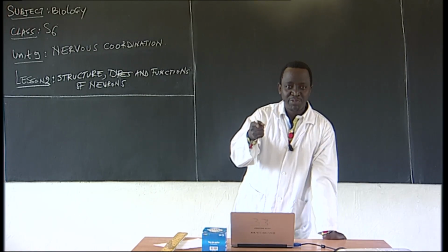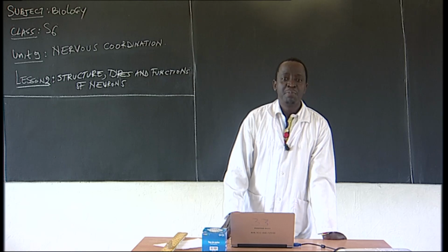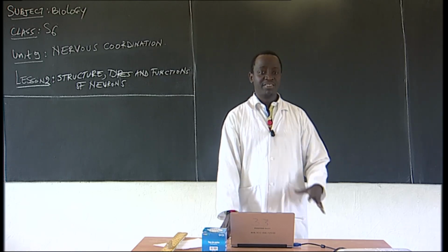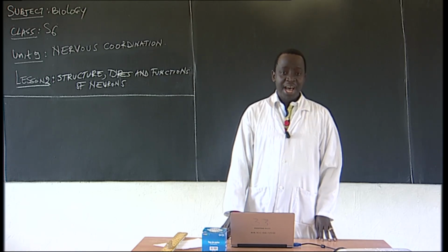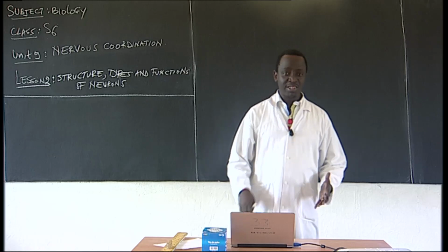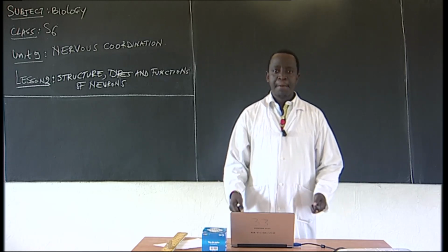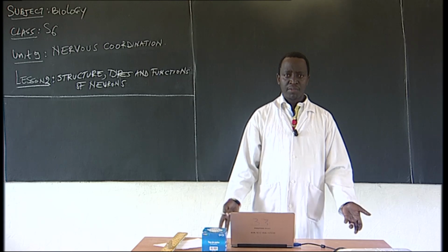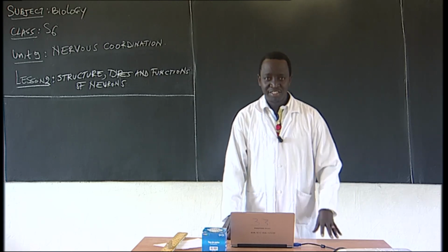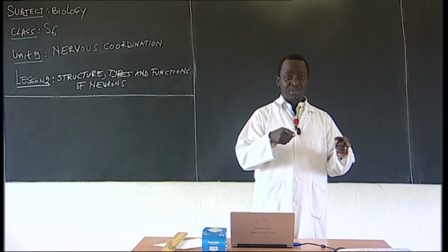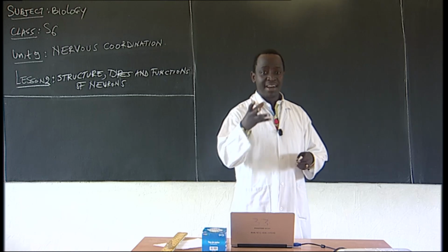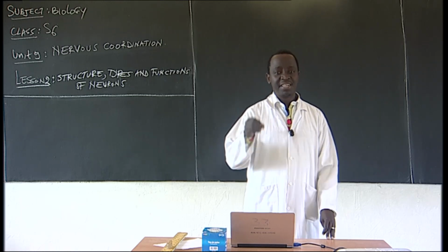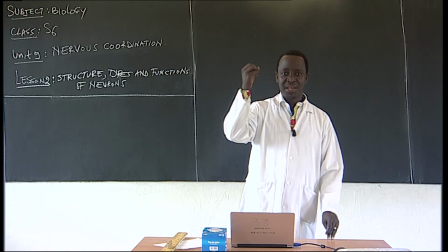That information is carried to the brain by the sensory neurons. When the message reaches the brain, the brain interprets what the problem is, then prepares the response. That response is carried by the motor neuron to the effector, to the organs.